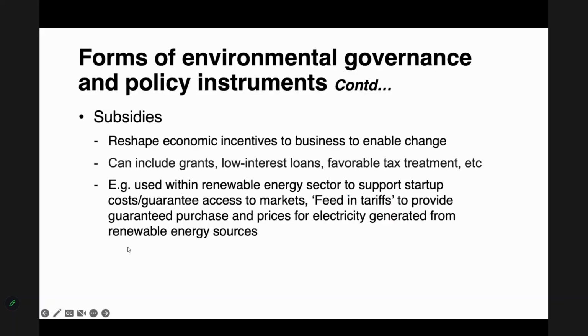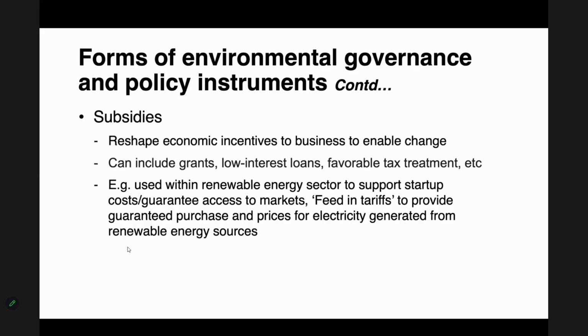Then governments also use subsidies to encourage certain actions. So say you might get certain grants or low interest loans or some favorable tax treatment if you do certain types of actions.